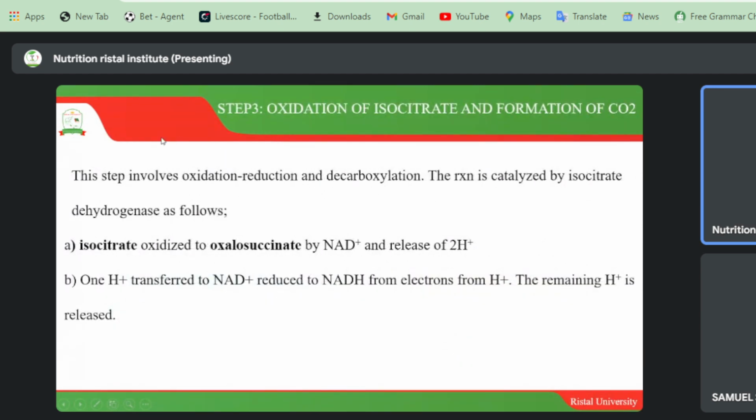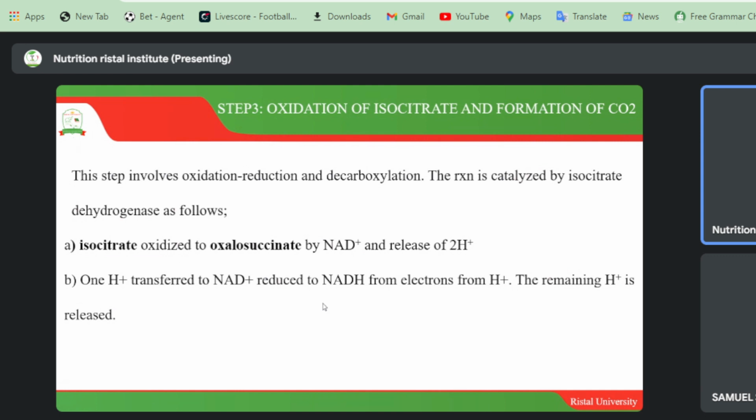Then the third step in this reaction is oxidation of isocitrate. Like we said earlier, this reaction will continue by removal of carbon dioxide at different steps until we form our oxaloacetate. And this is one of the reactions where we remove one of the carbon atoms in the form of carbon dioxide.